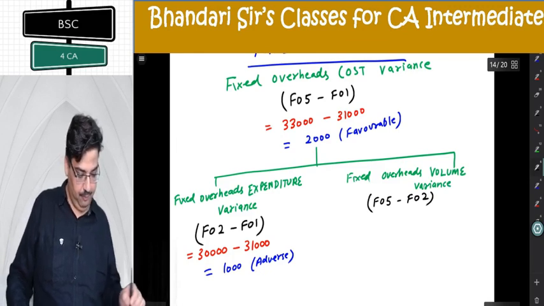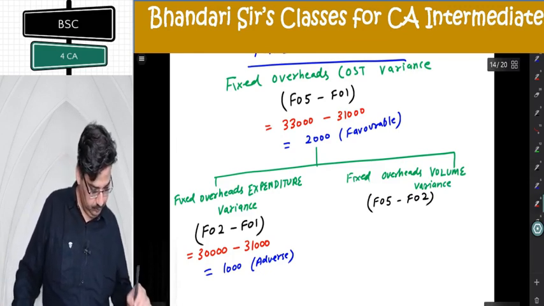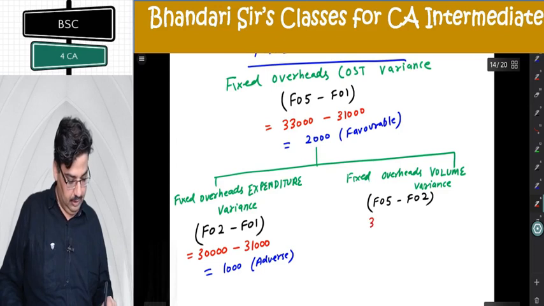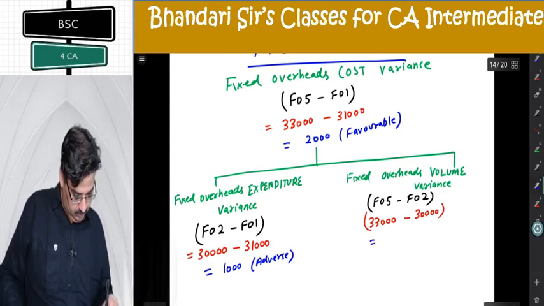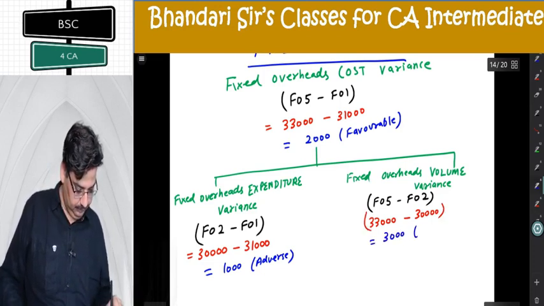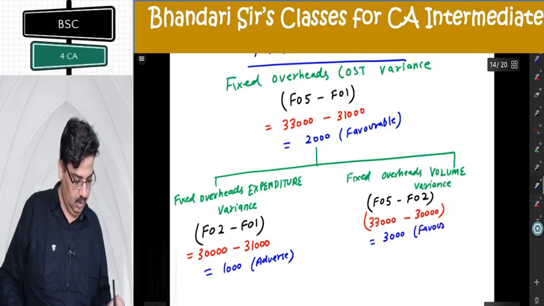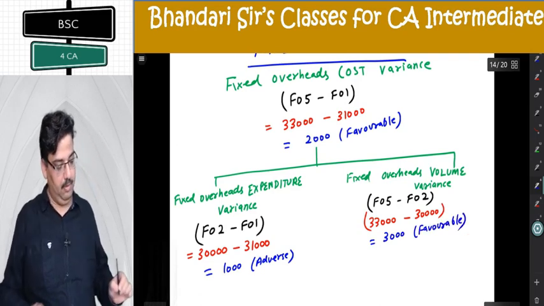FO5 minus FO2. FO5 33,000 minus FO2 30,000. 3,000 favorable.